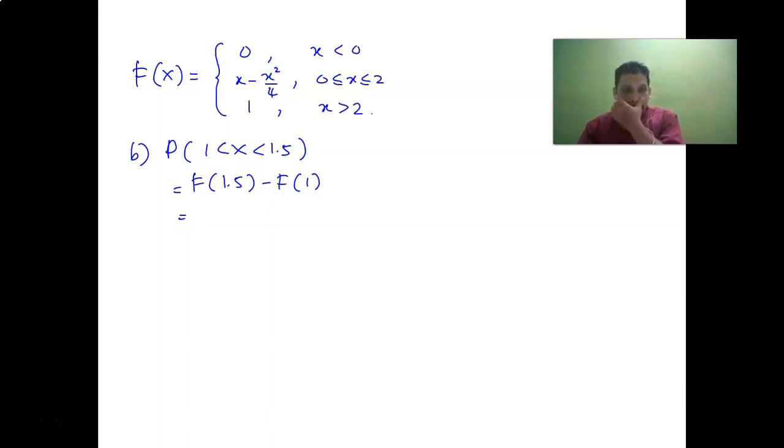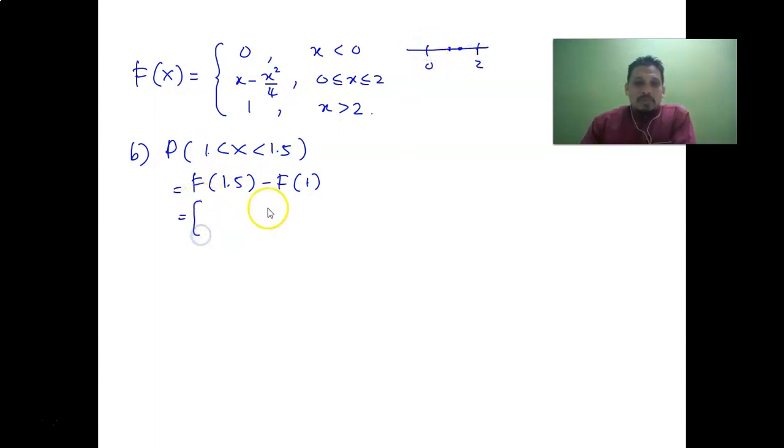Okay, so 1.5 lies in between 0 until 2, and 1 also lies here. So we take this function, x minus x squared divided by 4, because both of these values of x lie in the domain of 0 until 2.